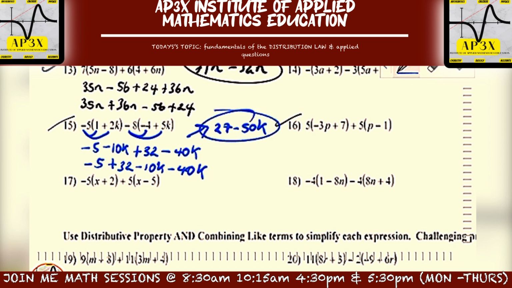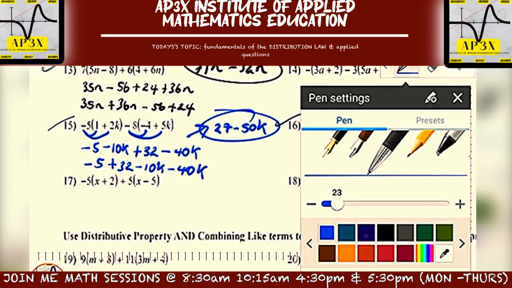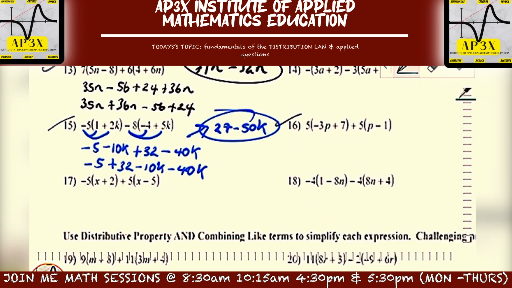All right, now let's look at another example. Final example from this section here. We're looking at distributing the 5 here and here, and the 5 here and here. So we end up with 5 multiplied by negative 3p becomes negative 15p, plus 5 times 7 is 35, plus 5 times p is 5p, and 5 times minus 1 is minus 5.